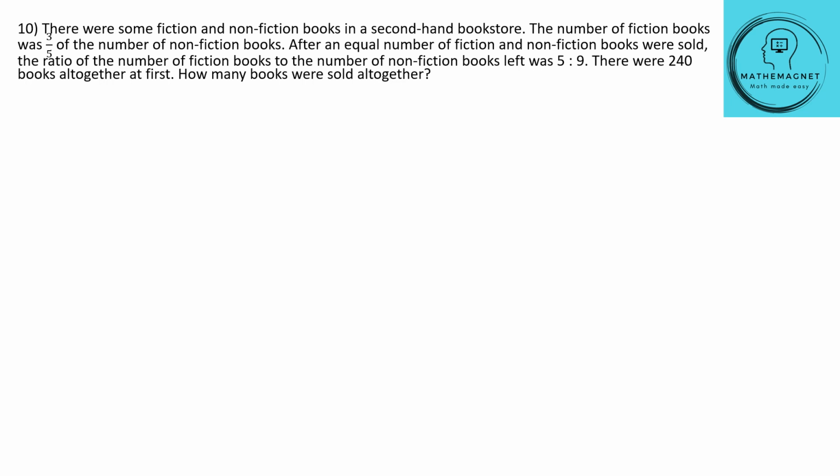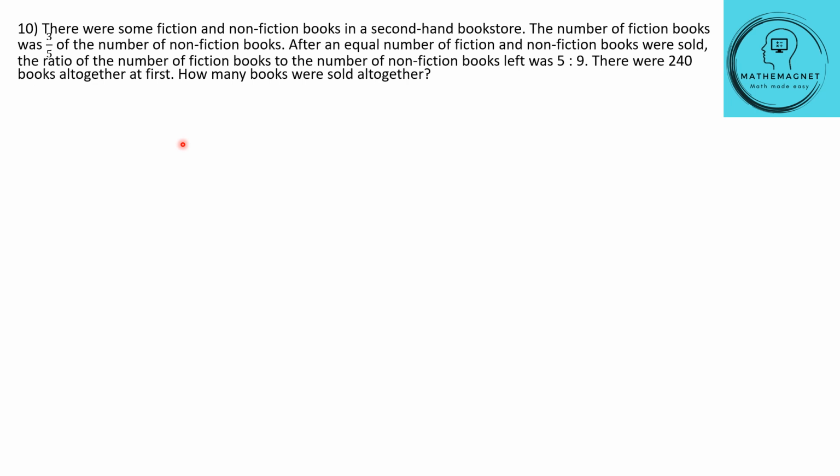So in this question, they are telling us that there are 3 units of fiction books and 5 units of non-fiction books from this fraction that they have given. The number of fiction books is 3/5 of the number of non-fiction books. So there were 3 units of fiction books and 5 units of non-fiction books, and the total number of books before, at this stage, was 240 books.